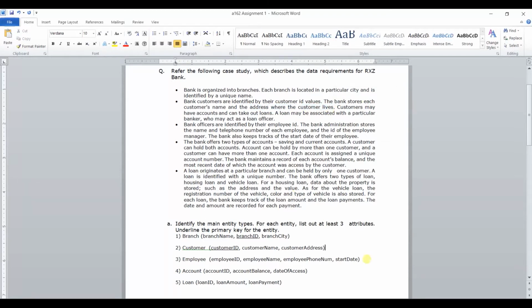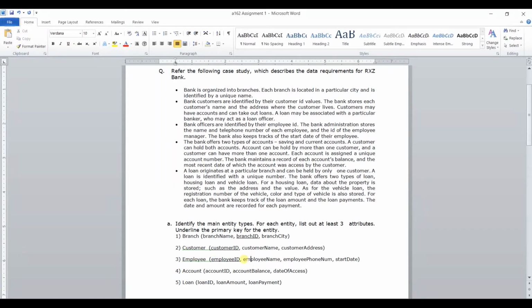The third entity is employee. We can find it at the third paragraph here. So the first one, bank officials are identified by their employee ID. So this is the primary key for this employee entity, so we underline it.